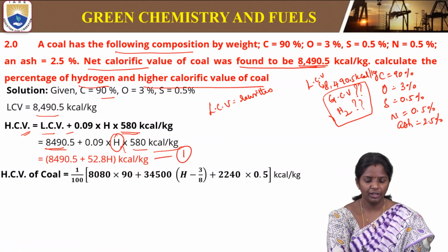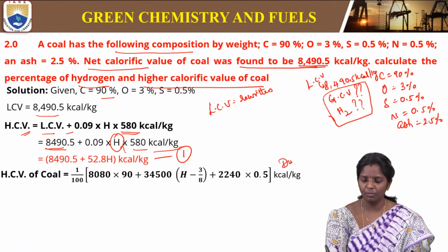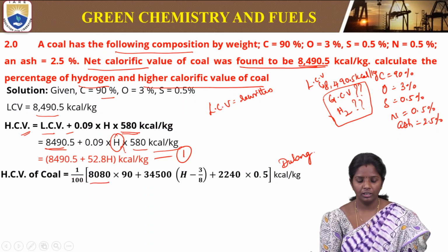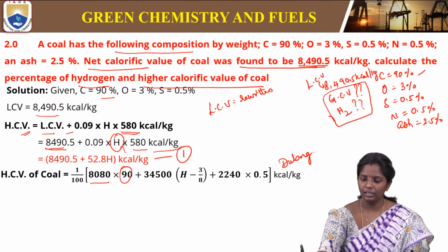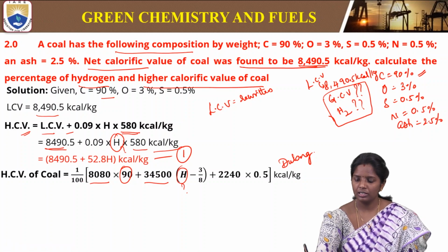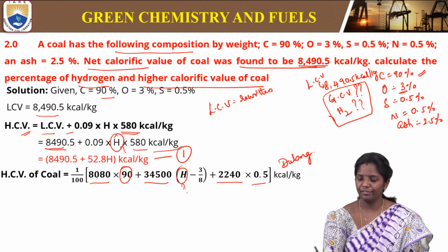Now higher calorific value is equal to 1 by 100. This is the main formula, Dulong's formula for the HCV. 8080 into 90 is the carbon content. Then 34,500, hydrogen we don't know still, minus oxygen, 3 by 8, plus 2240 into 0.5 is the sulfur.